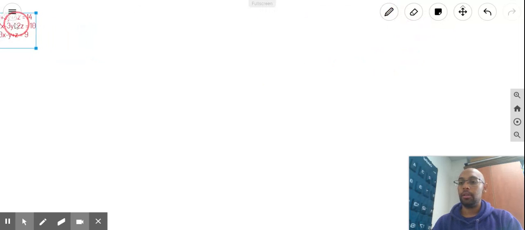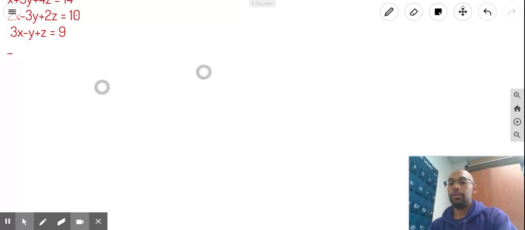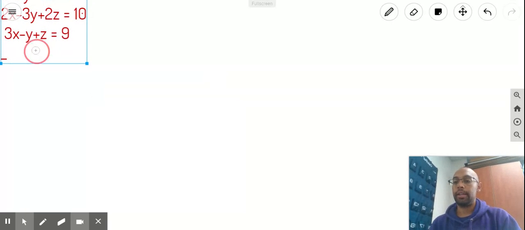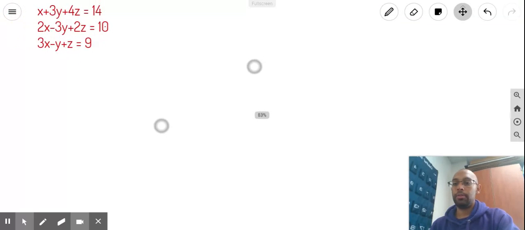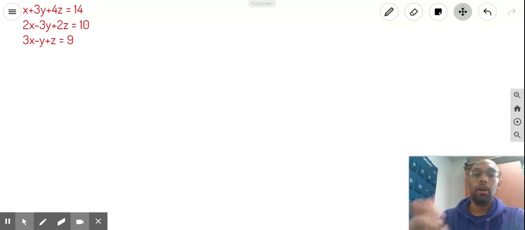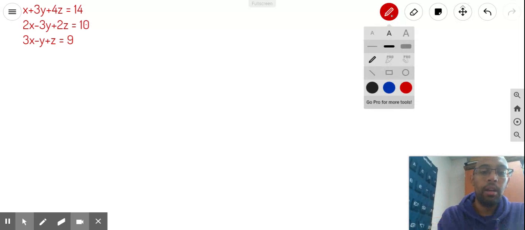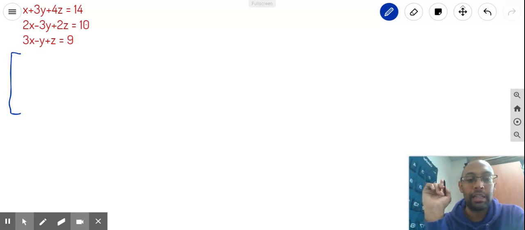All right, so let's move this over here. And then we're going to zoom in just a bit, just so I can fix that up. We'll zoom out a tad, and now we are in business. Okay, so once again, we're doing Gaussian elimination. So you're going to set up your matrix. And again, coefficients and constants make up your rows.